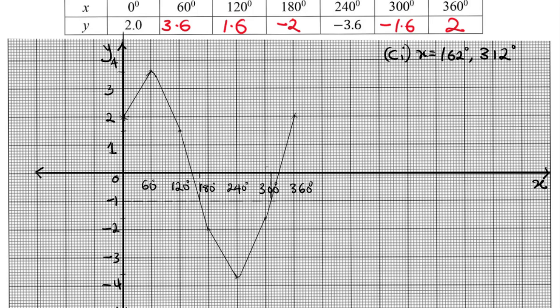So 42 plus 300 gives us 342. Let's count 7 boxes here. So it is going to be here. The question says we should find y when x is 342 degrees. So we're going to trace it to the graph, and then trace it back to the y-axis and see what we're going to have. So let's use our ruler.